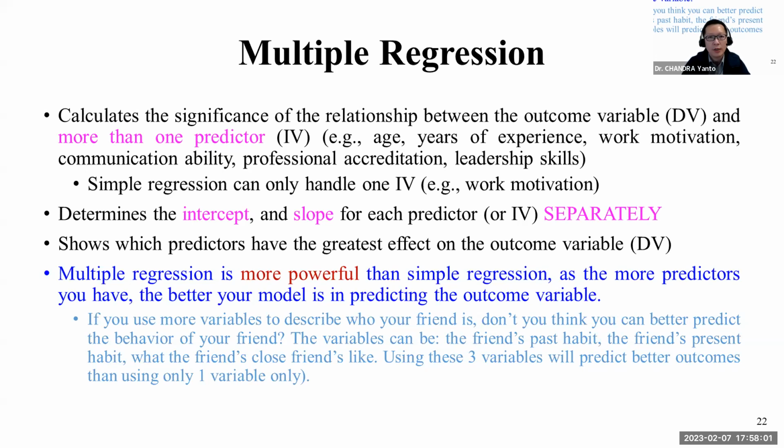For example, how accurately can you explain your friend? If you explain your friend with one variable, let's say his or her age, then it's not that revealing. You can only know that this person is about this age.